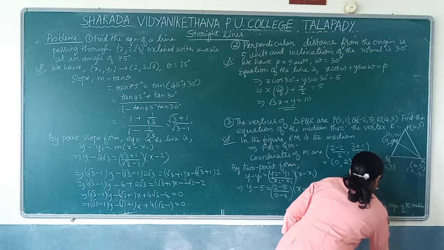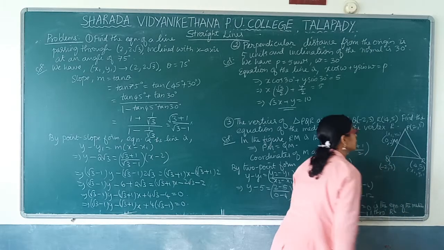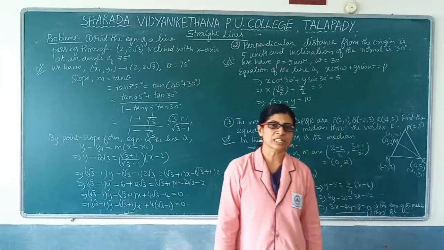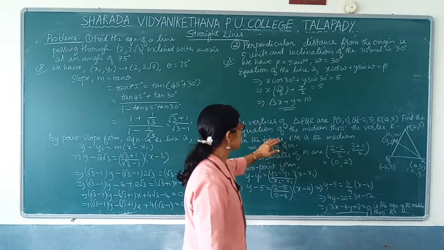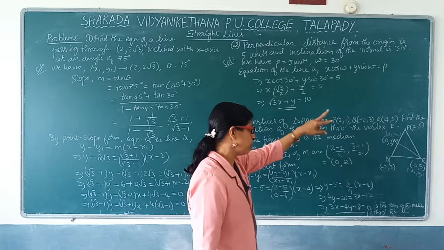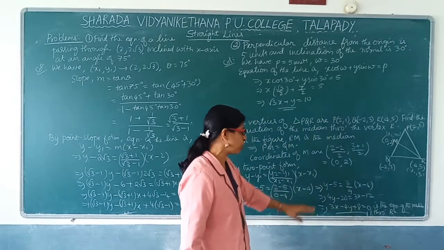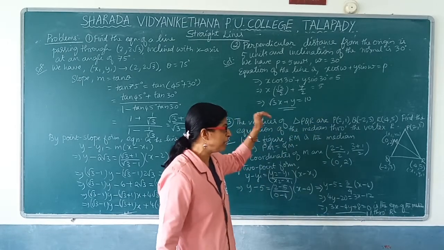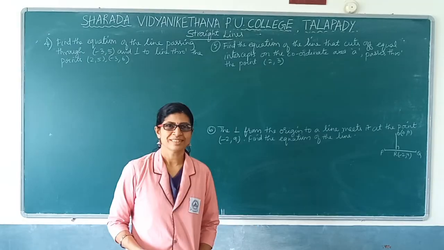Median through R, because there can be 3 medians in a triangle, through all the 3 vertices, but what they have asked is particularly the median through the vertex R. So this is the equation of the median through the vertex R.